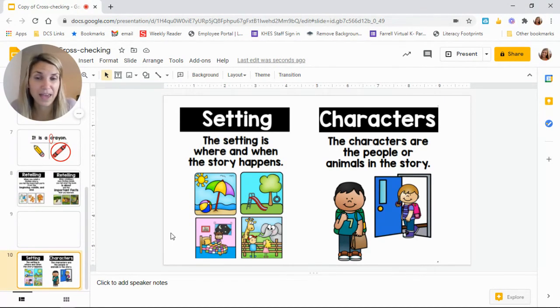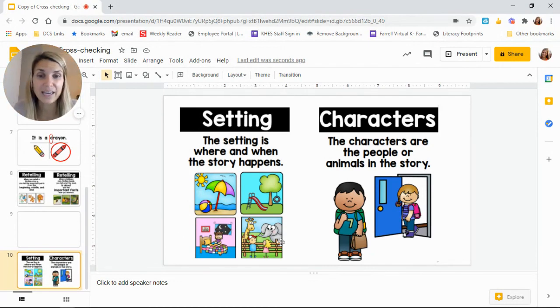Where were they when the story happened? Well, in our story, where were they? It looked like they were inside, not outside. And to me, I think that they were in the little girl's room. So I might tell about the setting, which was in her room.